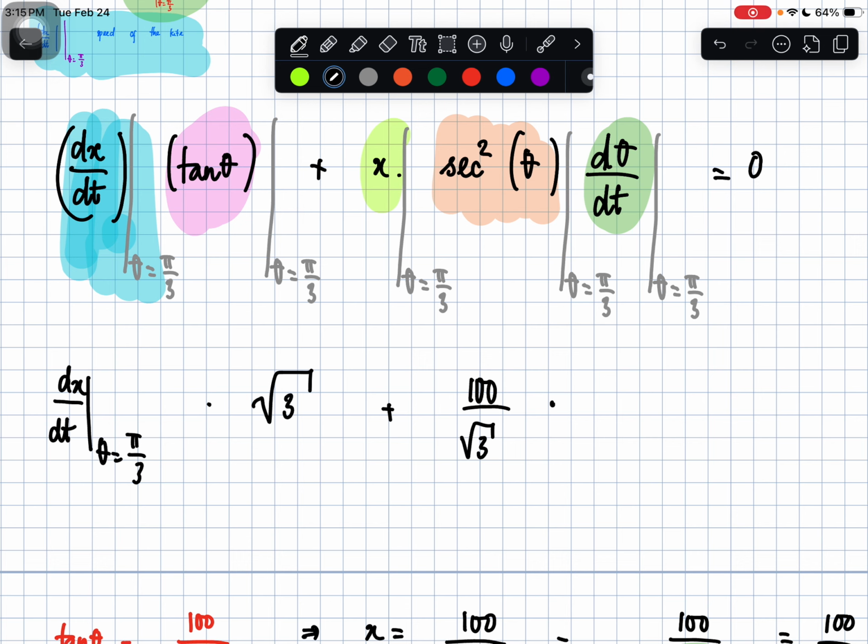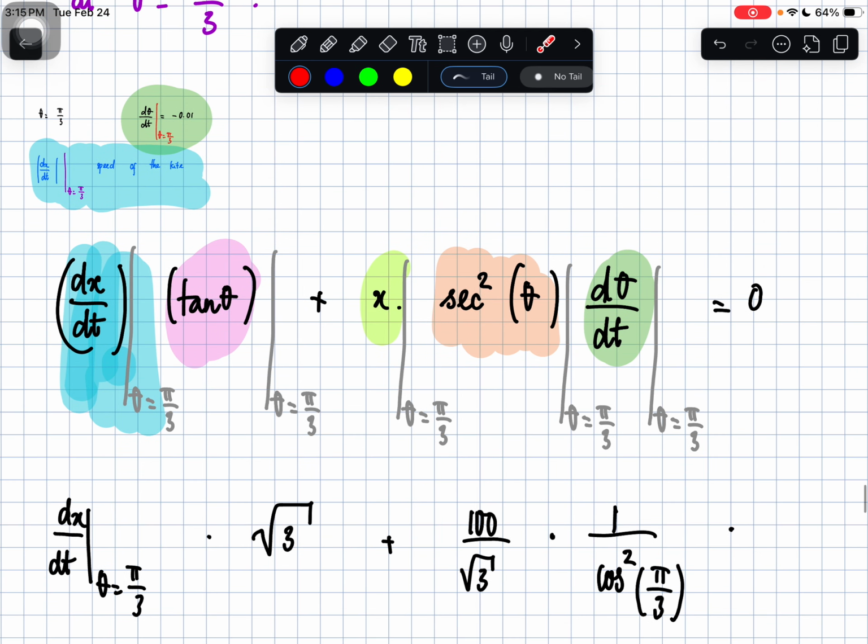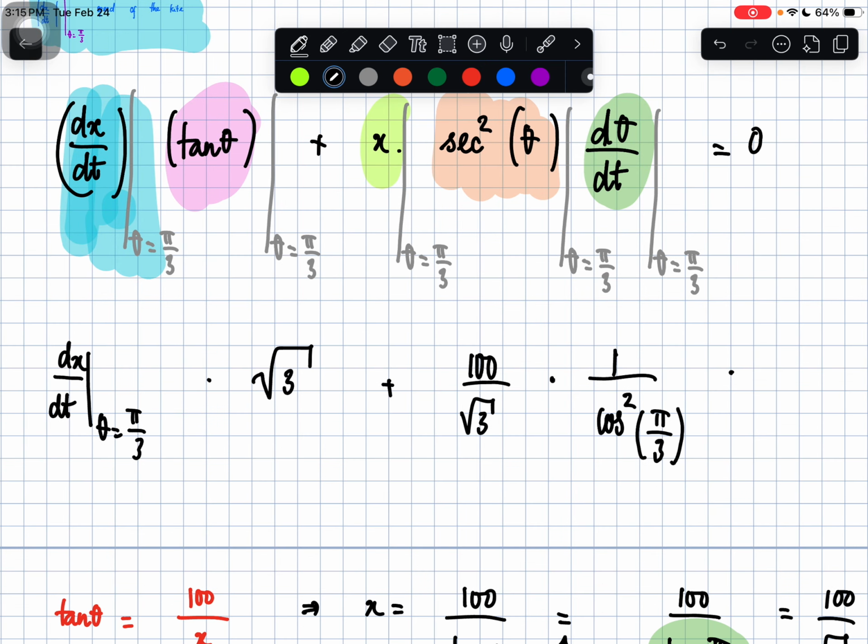Now secant square of theta. Secant is 1 over cosine, so secant square is 1 over cosine square of pi over 3. d theta over dt is given to us as minus 0.01, minus 1 over 100, equal to 0.